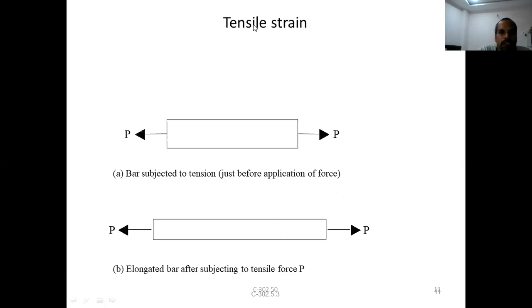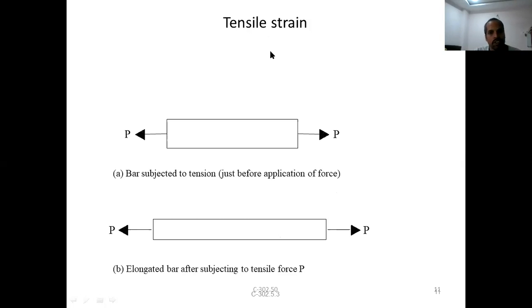Now let us go to the next type, based on nature of stress, I mean, the nature of stress developed and nature of strain developed, based on type of load we can say. Tensile strain. So what is tension? We have already discussed. It's nothing but a pull which tries to elongate the member.